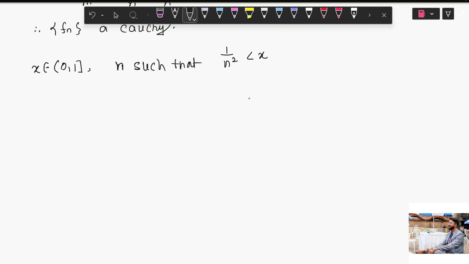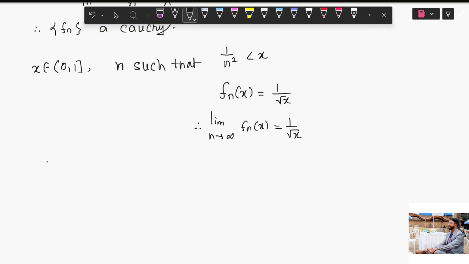In that case I can write the value of fn x is 1 by root x. Therefore limit n tends to infinity fn x is also 1 by root x, as this 1 by root x is not depending on n.